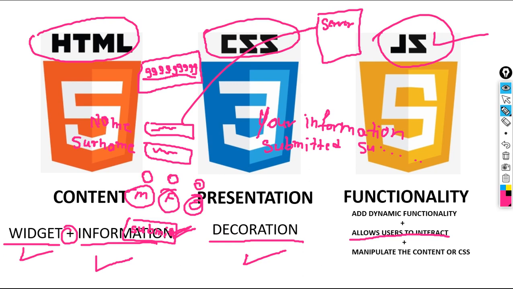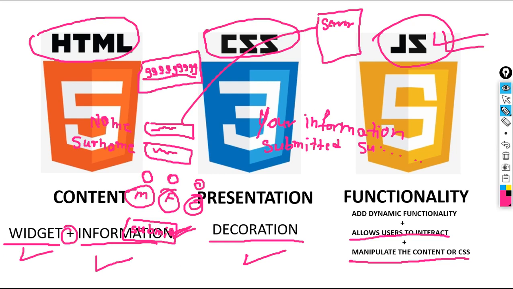That is nothing but manipulation of content, and that information will come with particular decoration, correct? So that manipulation will be done with the help of JavaScript only. So now you have a very good understanding about HTML, CSS and JavaScript, and the difference between them.